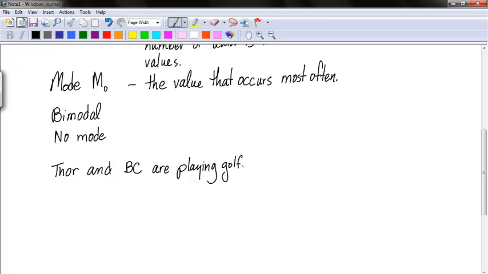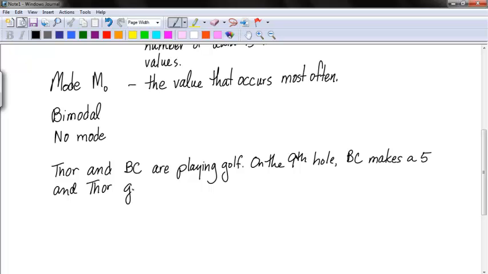On the 9th hole, BC makes a 5, and Thor gets stuck in a bunker, that would be the sand trap, and has a 15.